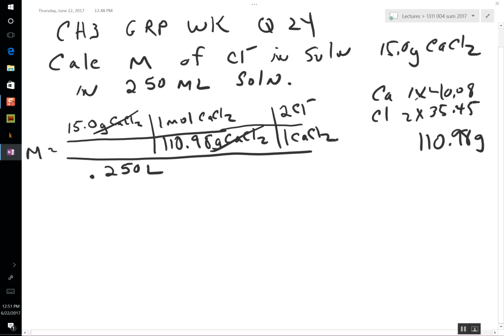That's the ratio of chloride ions to calcium chloride. So the molarity of the chloride ions is going to be double the molarity of the calcium chloride because there are 2 chloride ions in every CaCl2 formula.